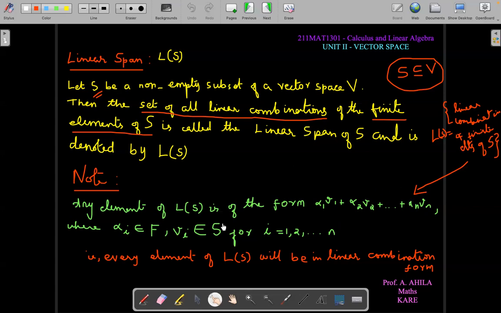That is, every element of the linear span will be in linear combination form. Okay. So normally we collect all the scalars from the field F and vectors from the vector space V, and in the linear span the vectors considered belong to the subset S of V.